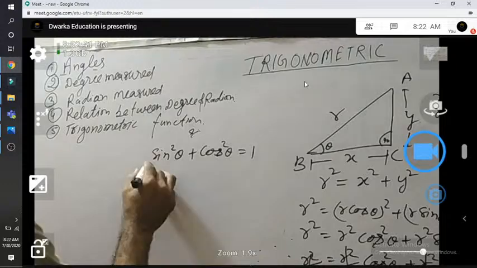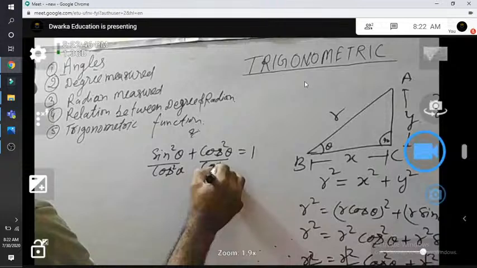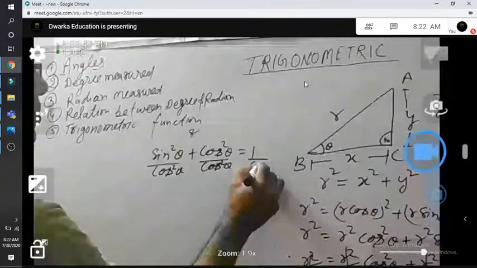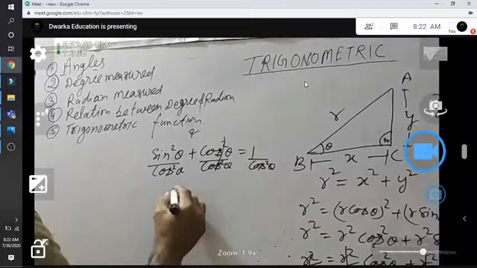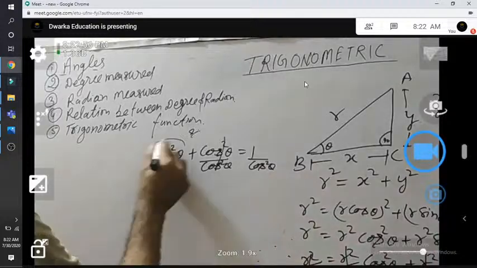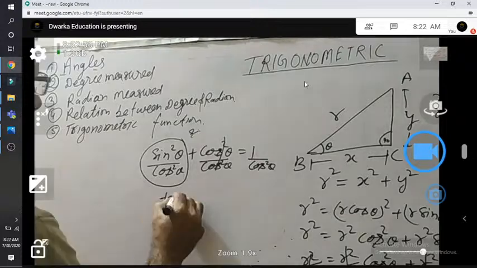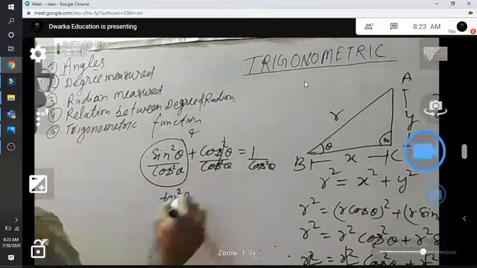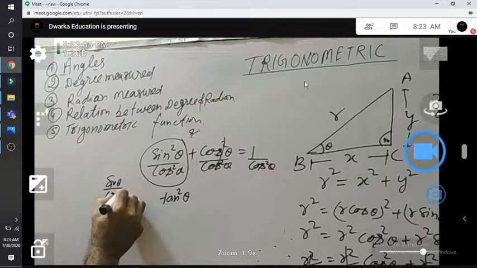Then the cos square theta cancels, so we can say that sin square over cos square theta is equal to tangent square theta, because sin theta over cos theta is equal to tangent theta.